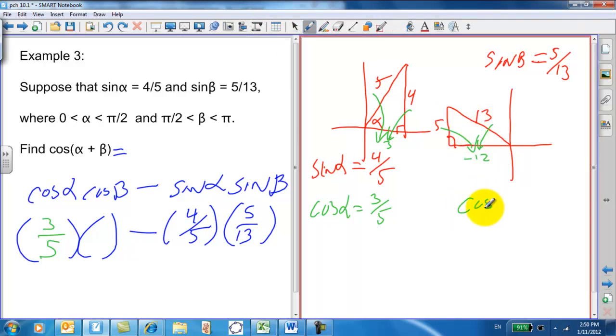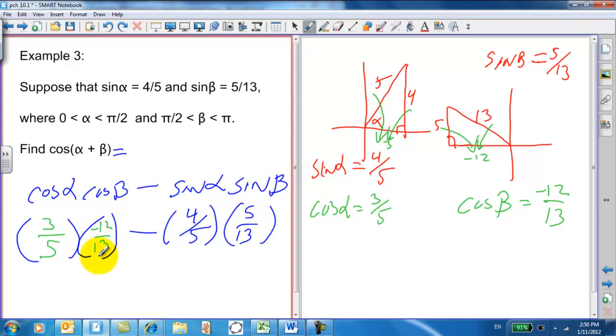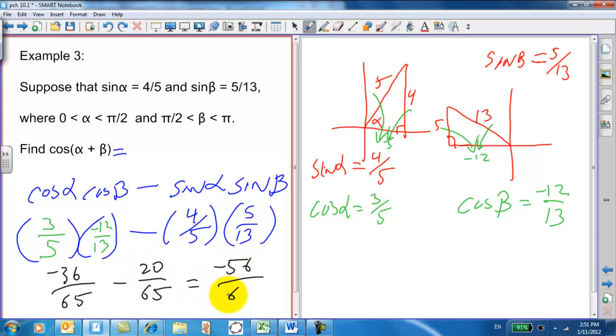So we get the cosine of beta is a negative 12/13. And that goes in over here. Now we can finish up our problem from before. So we get negative 36 65ths minus 20 65ths, and you end up with negative 56 65ths for your answer.